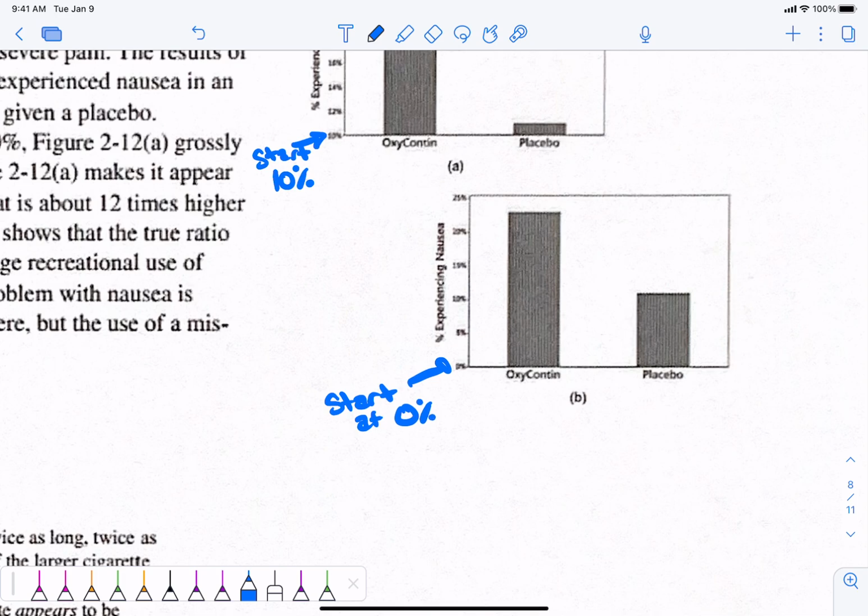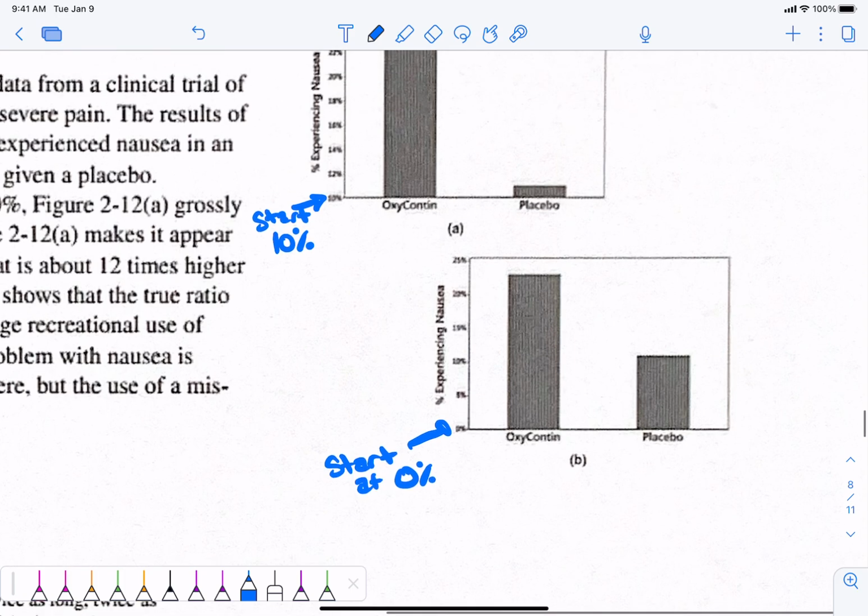We want it to start at 0%. Even though we're trying to save space, we are certainly allowed to do that little blippy thing there. We've done that before with our histograms. And we can certainly do that for the x-axis, but you never want to do that for the y-axis. You never want to start the y-axis at anything other than 0 because it stretches things out and makes things look as though they're conveying false information. So we can use this on the x-axis, but we cannot use that on the y-axis.